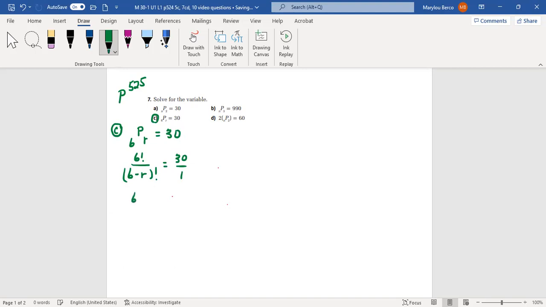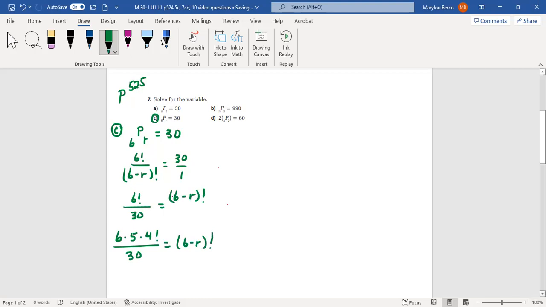So we're going to go 6 factorial over 30 equals 6 minus R factorial. Okay, 6 factorial over 30. If we break that down, 6 factorial is really 6 times 5 times 4 factorial over 30 equals 6 minus R factorial.